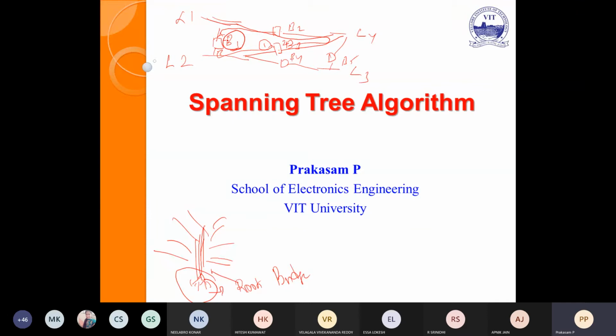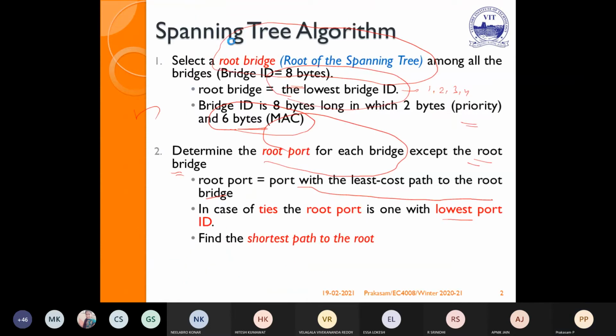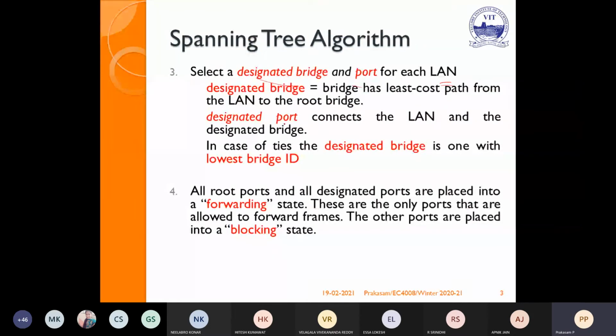Third step, you should find the respective bridge and port which connects the LAN with the root bridge. Let us consider this is a LAN; through which path will it connect to bridge 1 with the least cost? So for that, we have to select the designated bridge and the port for each LAN.